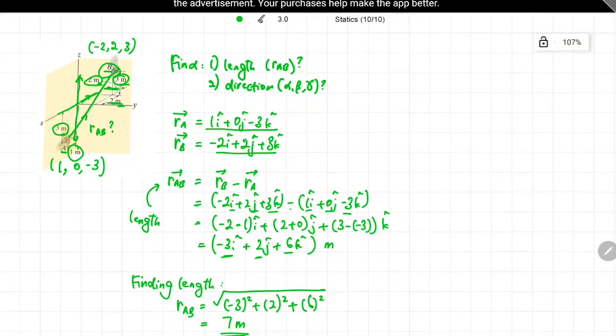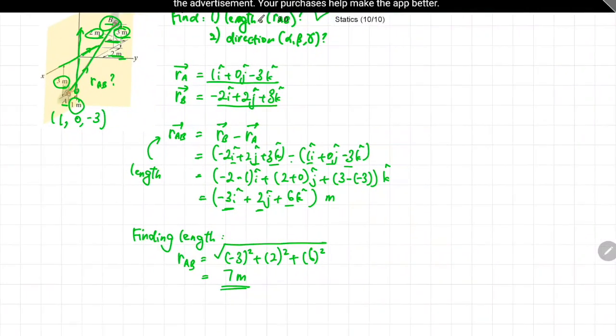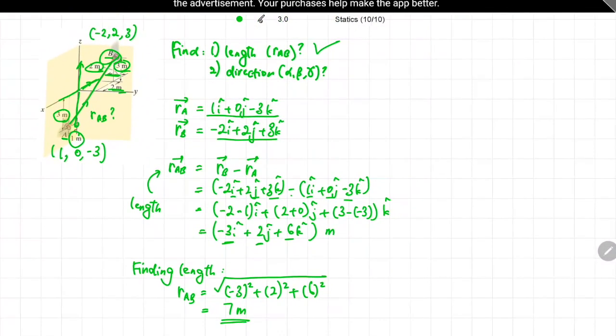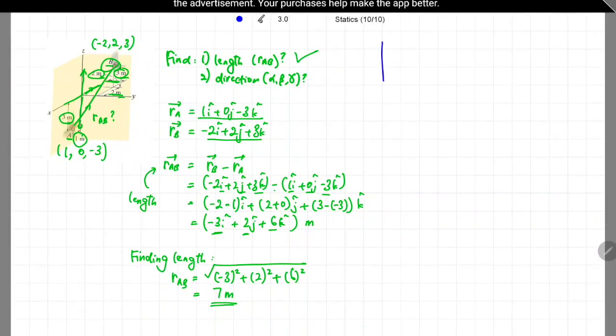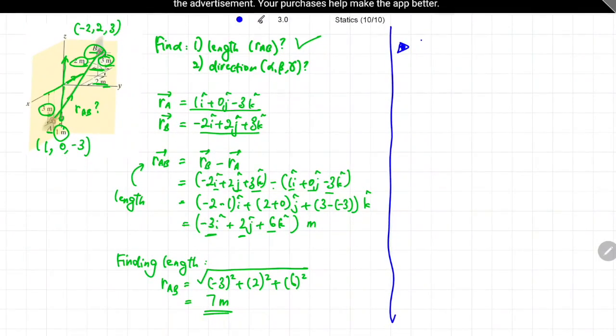Okay, first question done. Now, to solve for the second question, they ask you to find the direction of alpha, beta, gamma angle. So, we can find the alpha, beta, gamma angle by changing this vector equation into an equivalent unit vector.